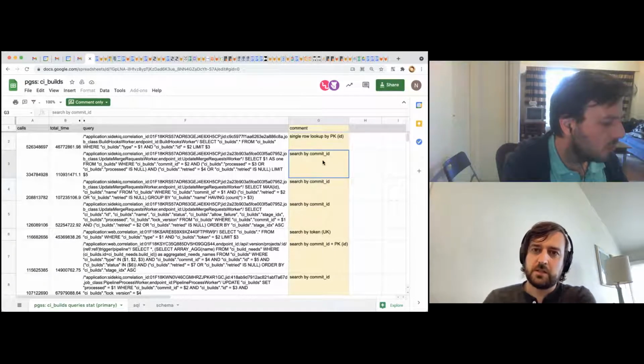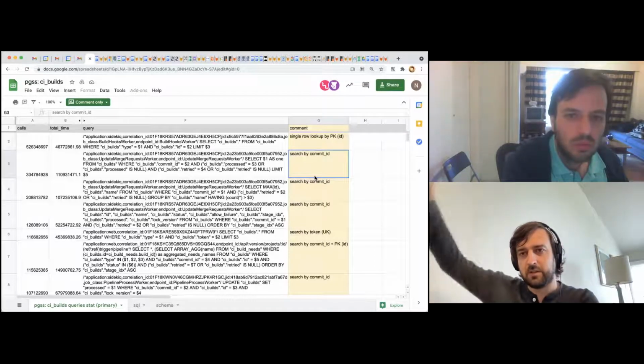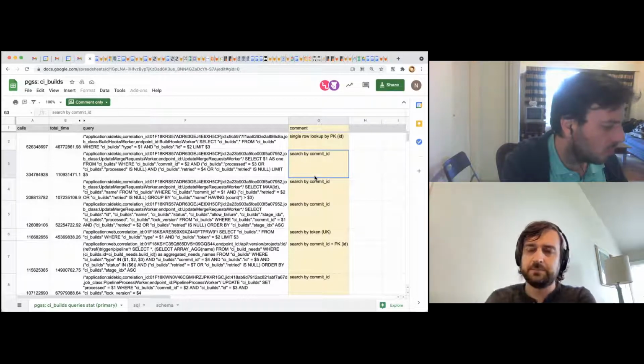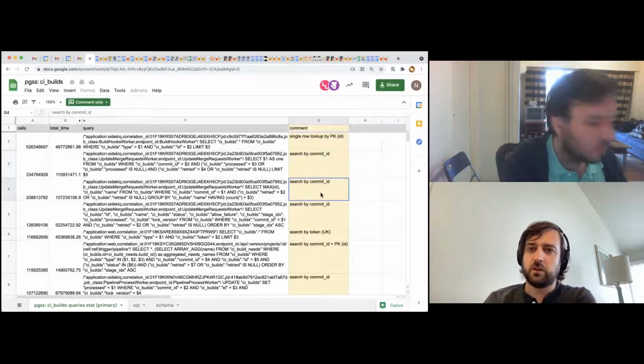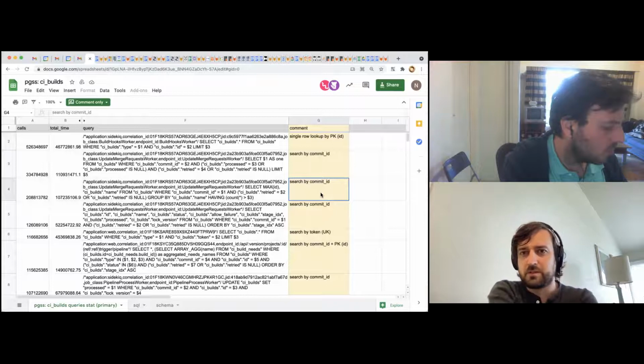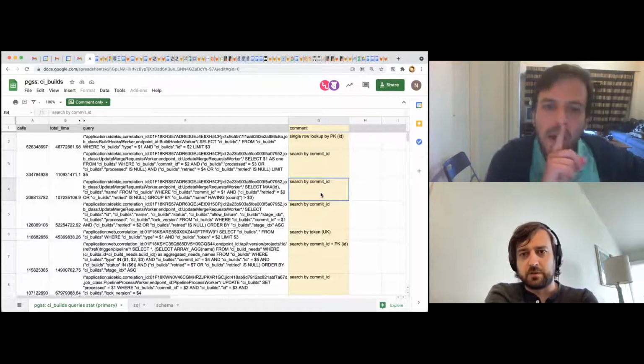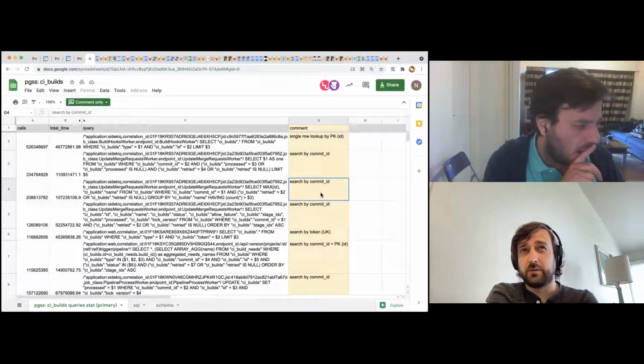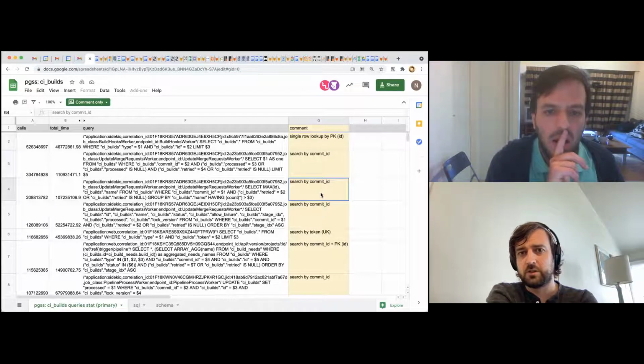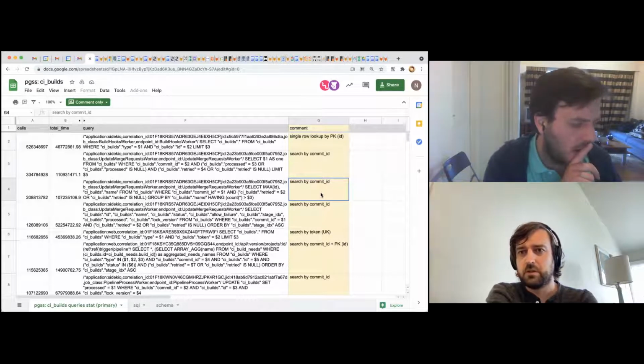I used commit ID as our time because it's incrementally growing, and a lower commit ID means older data, newer means newer data. It's some integer, of course, right? And of course, Timescale can work with both timestamps and integers. People do it, and it's okay.